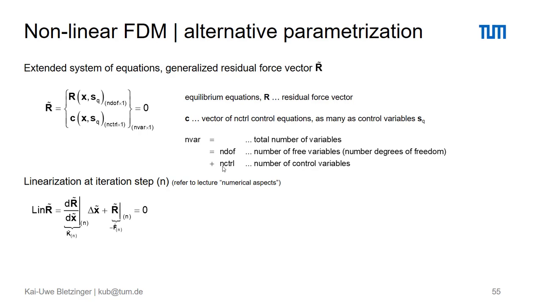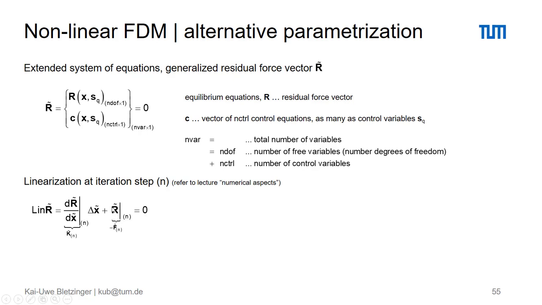And then we can enter our standard Newton-Raphson iteration to solve for equilibrium, where we have exactly the same situation, except that instead of the residual force vector we take the generalized one, and we take the derivatives of the generalized one with respect to the generalized variables.